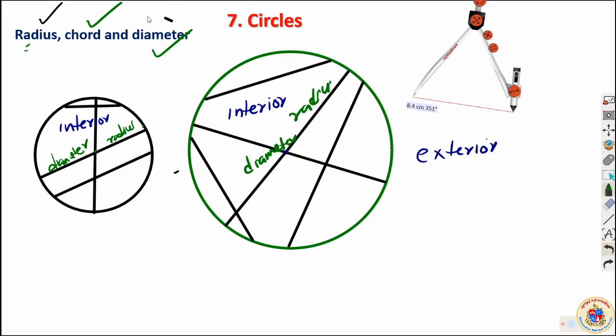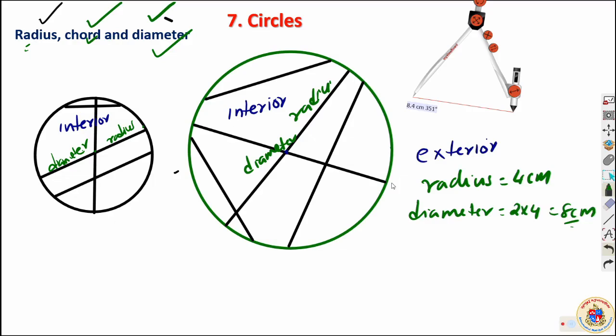So diameter is also a chord, but the peculiarity is that it passes through the center, and diameter is double of the circle's radius by size. If the radius is equal to 4 centimeter, then diameter will surely be 2 into 4, 8 centimeter. And diameter is a chord.